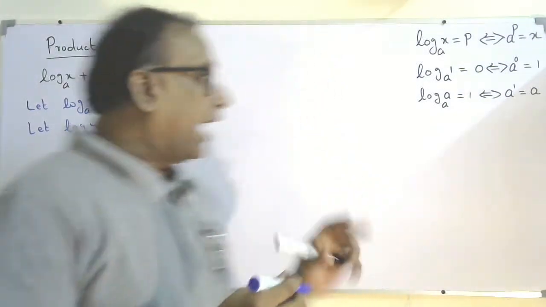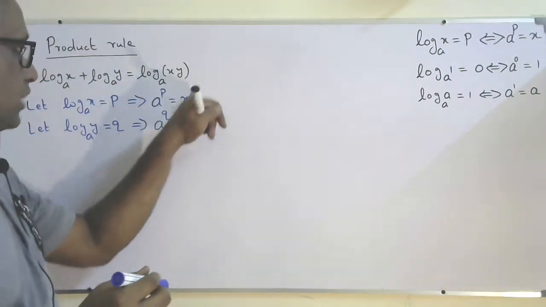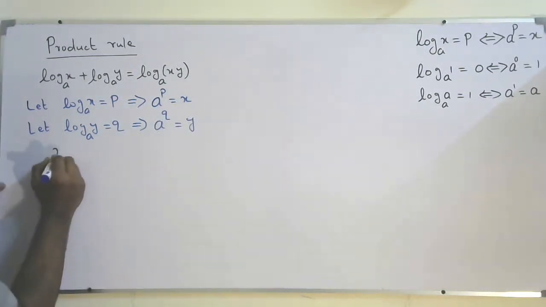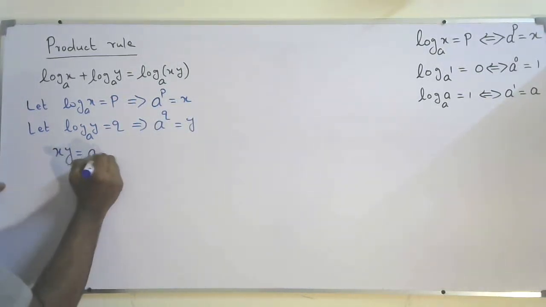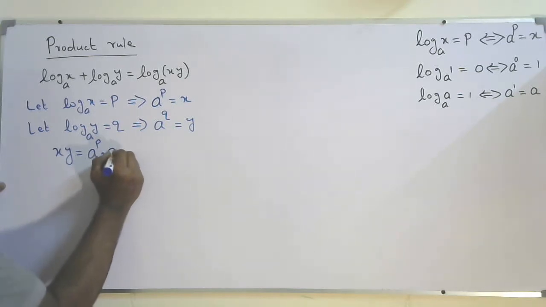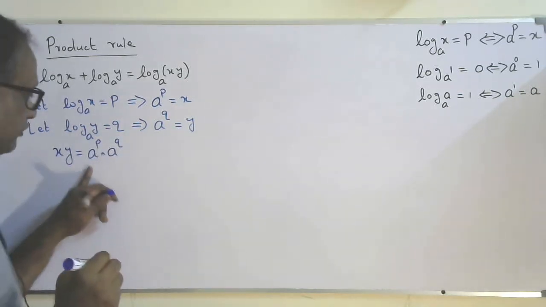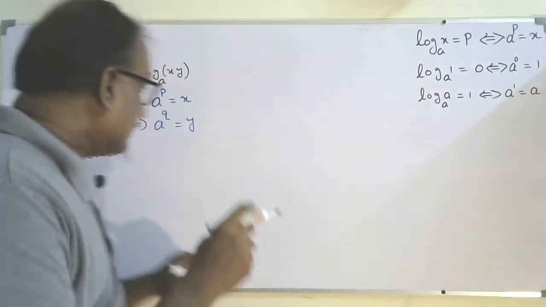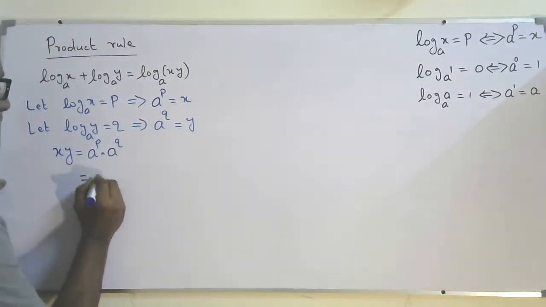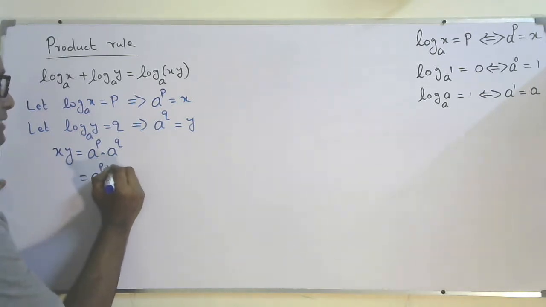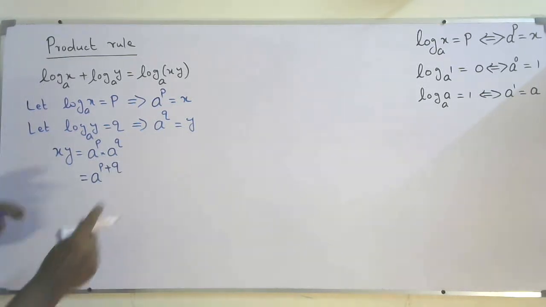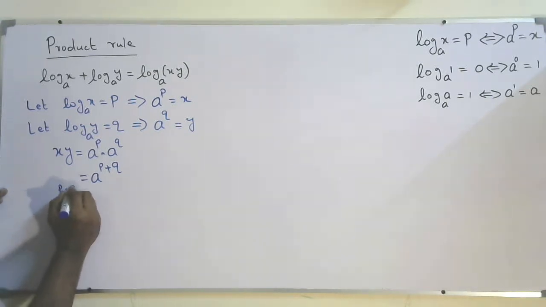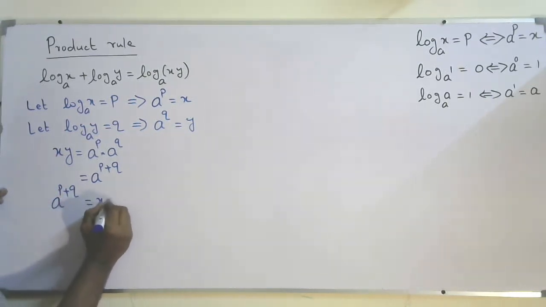So I need log of xy. So I'll multiply these two. When I multiply these two, I'll get xy equal a to the power p times a to the power q. You know, if the bases are the same and when we multiply, the indices will be added. So that will be equal to a to the power p plus q. Okay, make this as a subject, that is a to the power p plus q equal xy.